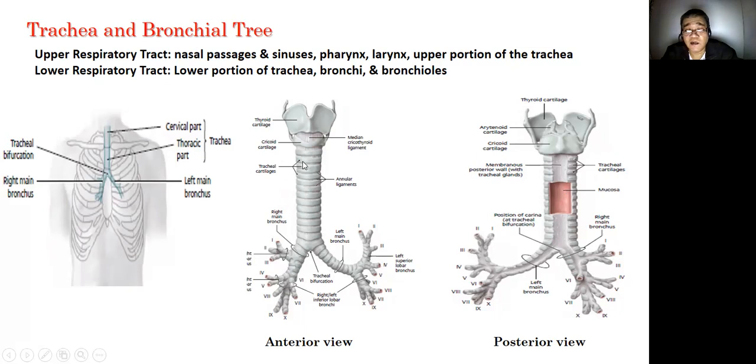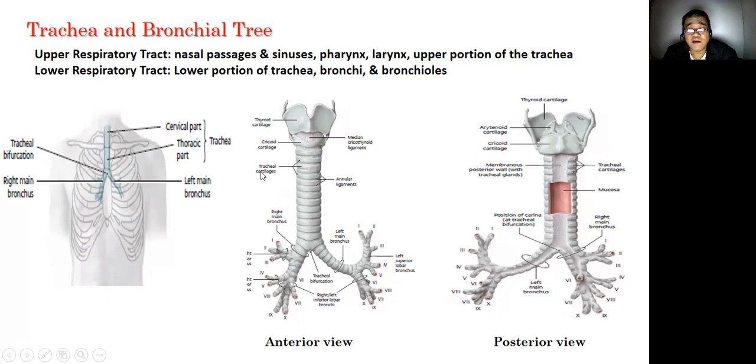The purpose of this U-shaped hyaline cartilage, which forms your tracheal rings, is to prevent the trachea, especially the intrathoracic portion, from collapsing from compression caused by the intrathoracic pressure.